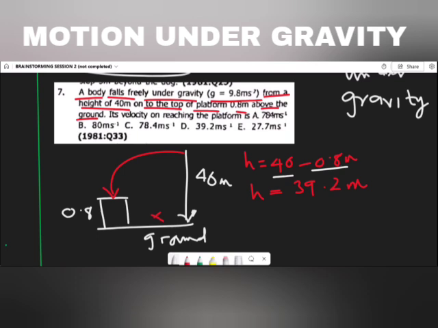So that's the height of the ball, because the ball fell on a platform, not on the ground. And we're also given that our gravity, G, should be taken as 9.8 meters per second square.